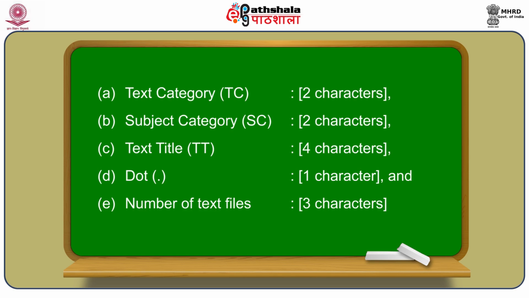The title of the text is represented, and the number of the text file is also represented. It is also possible that in a multilingual frame, we need to add another piece of information to identify which language it belongs to.